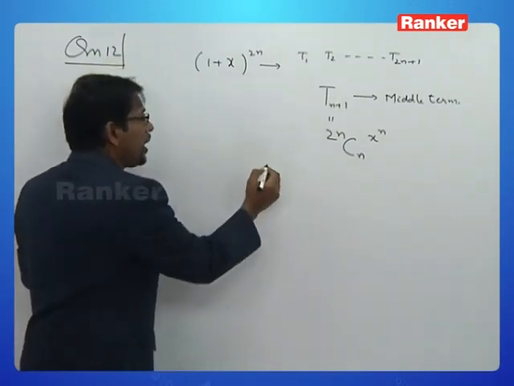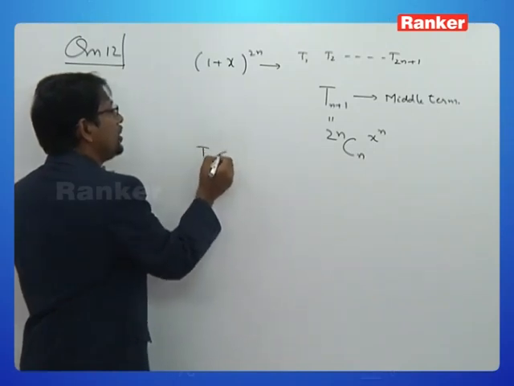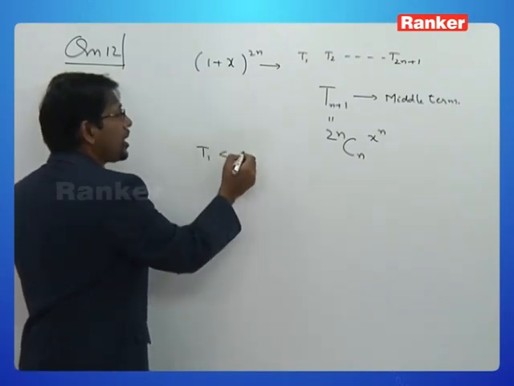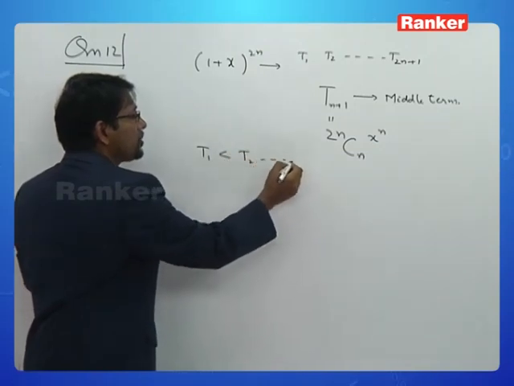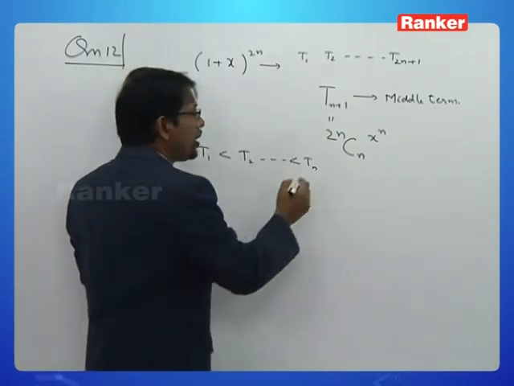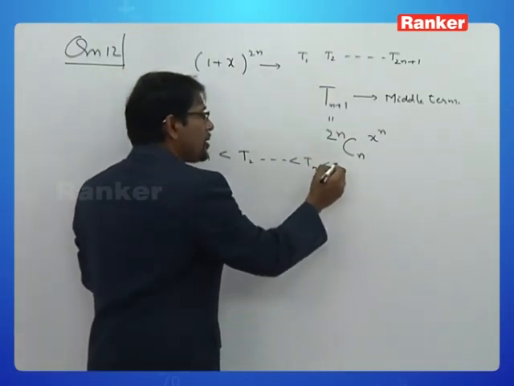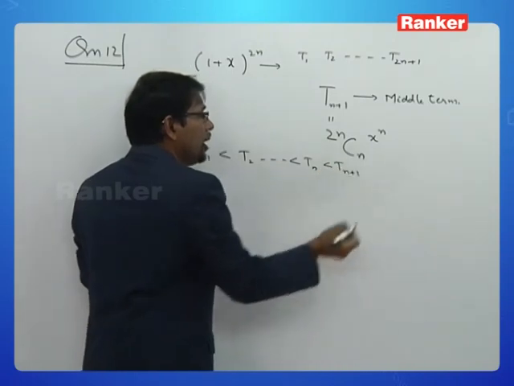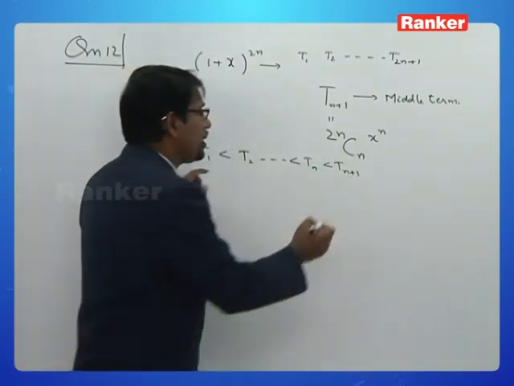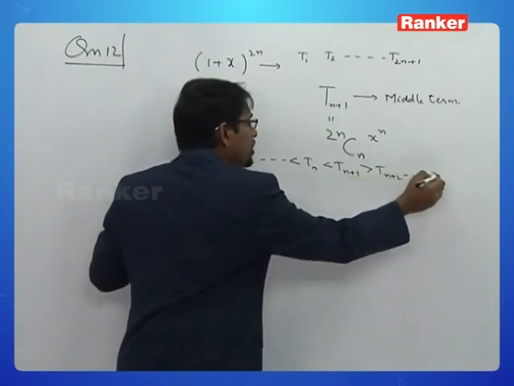Generally the terms will be increasing up to some stage, and then again they decrease. But what we want is T(n+1) to be the numerically greatest term, dominating the rest of the terms, T(n+2) and so on, up to T(2n).